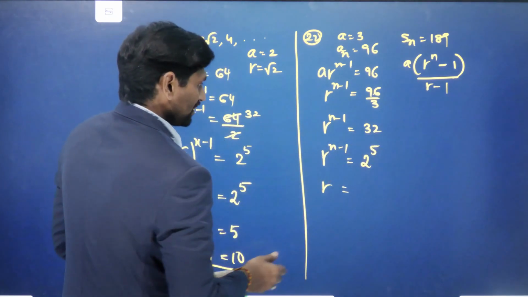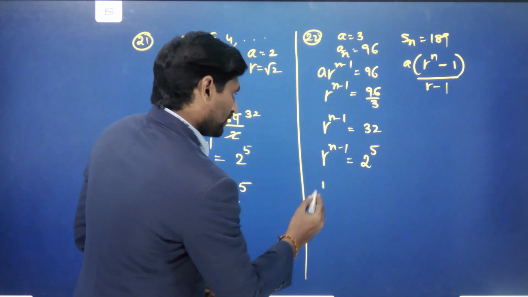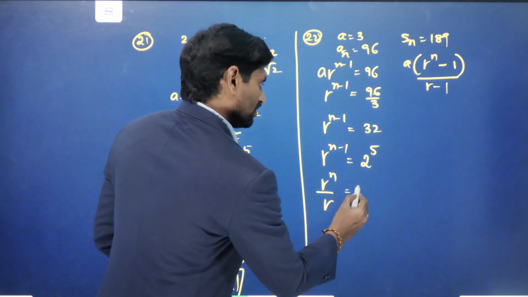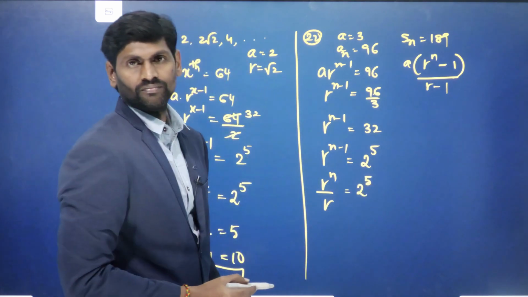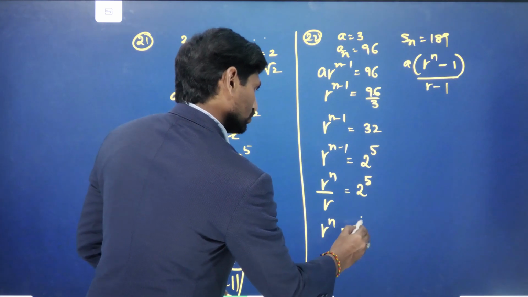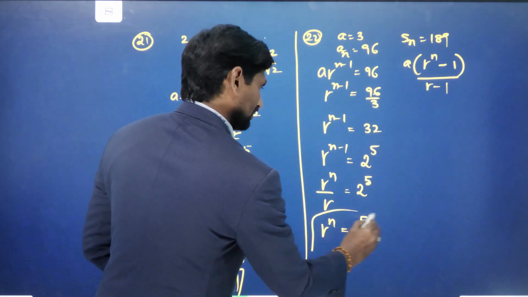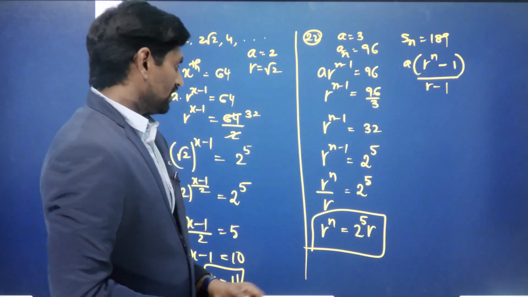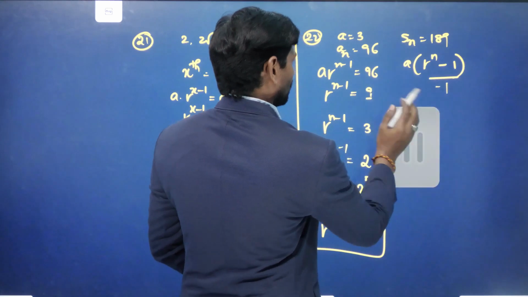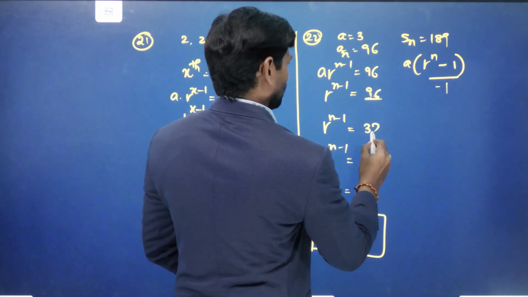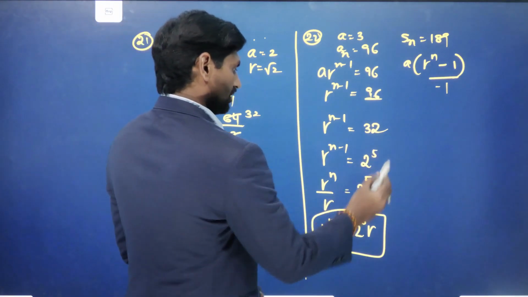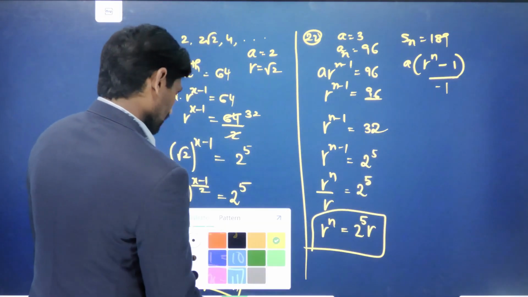So I can write r power n by r equals 2 power 5, so r power n equals 2 power 5 into r. In the place of r power n, I can substitute 2 power 5 into r.